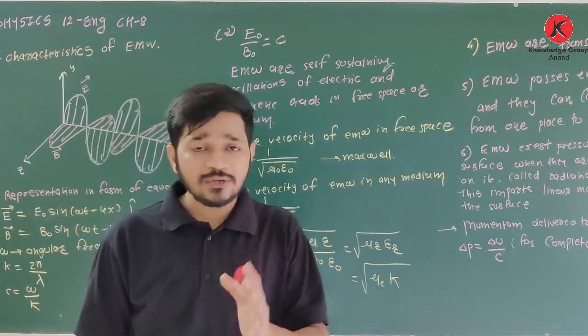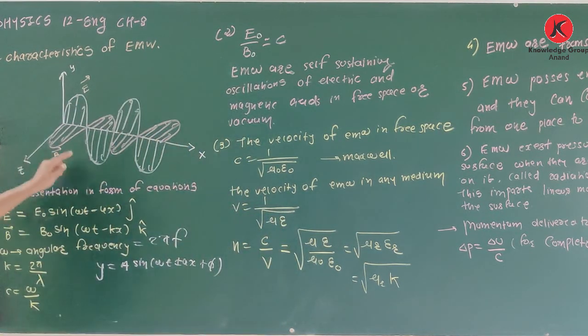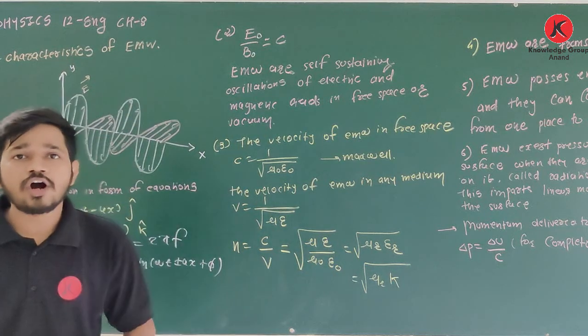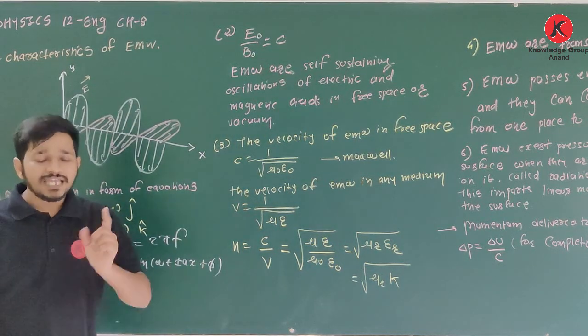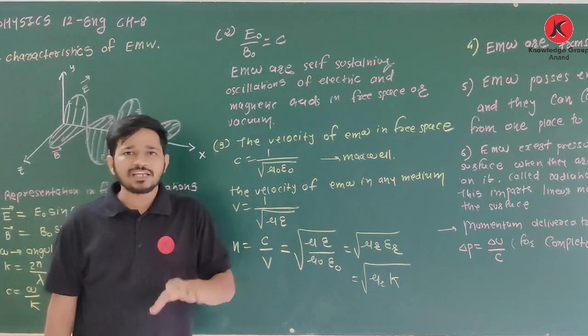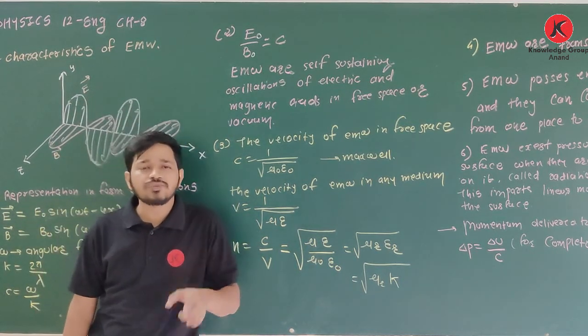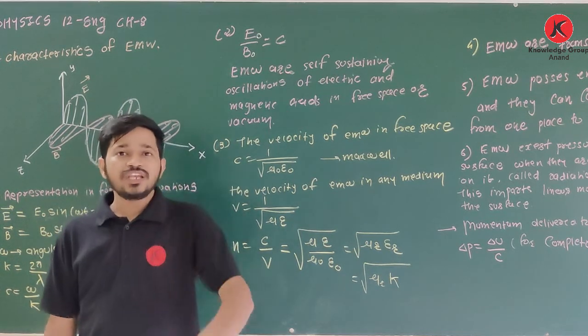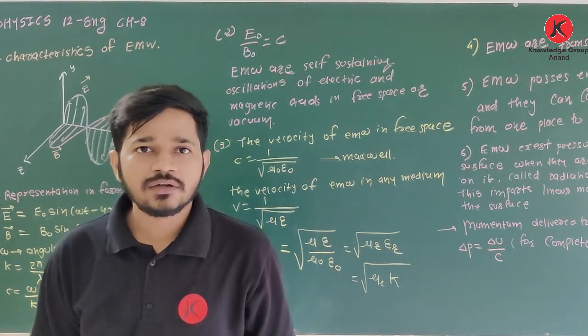When you are given electric and magnetic fields perpendicular to each other, cross fields, then in these cross fields only particles will move without deflection, having speed v equal to E upon B.